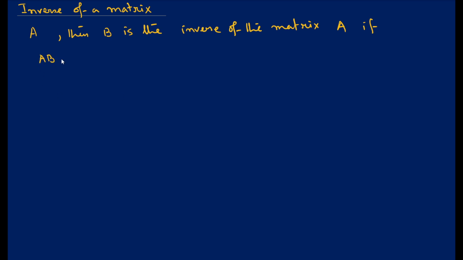A into B or B into A must be equal to what? Identity matrix. So जैसे suppose मान लीजिए 2, what is the inverse of 2? Inverse of 2 is half. Why? Because 2 into half is 1. So in matrix it is like that. Matrix में तो 1 नहीं होता है, वहाँ पे क्या होता है? Identity matrix. So suppose capital A एक matrix है, तो उसका इन्वर्स मैट्रिक्स कौन सा होगा? B. कब? अगर A और B को मल्टीप्लाई करने के बाद we get the identity matrix.